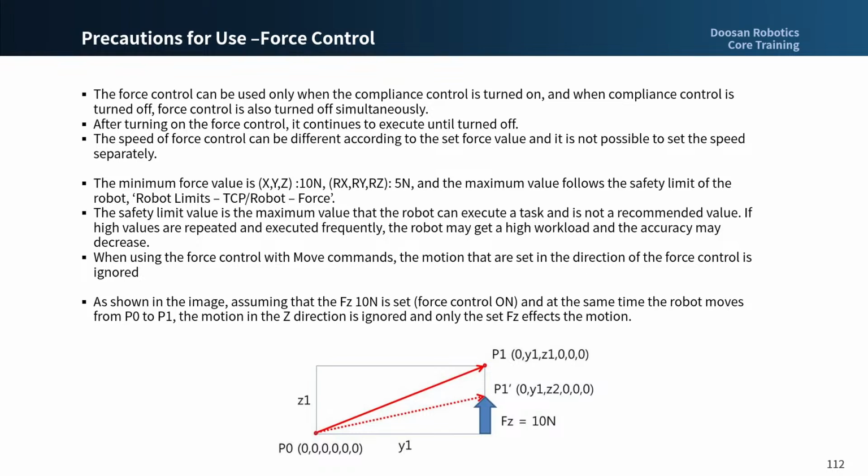This is not a recommended value, so if high values continue to run, it may reduce the life of the joints. So please set up as you consider the maximum torque value applied to the axis according to the position and tool used. For details, please consult with an application engineer.